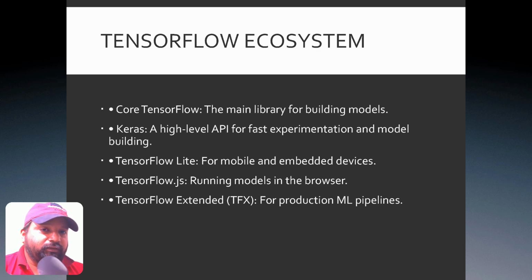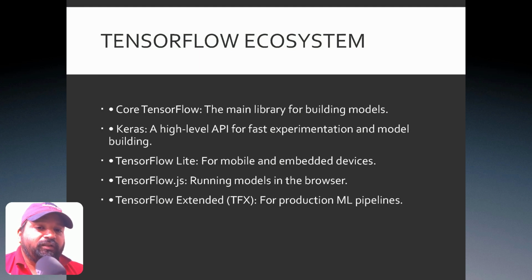Another part of the ecosystem is TensorFlow Lite, which is used for mobile and embedded devices. Suppose you want to run your models in a browser, then what will you do? There is an ecosystem for that as well, known as TensorFlow.js. It's related to JavaScript. And the last one is TensorFlow Extended, which is for production machine learning pipelines.